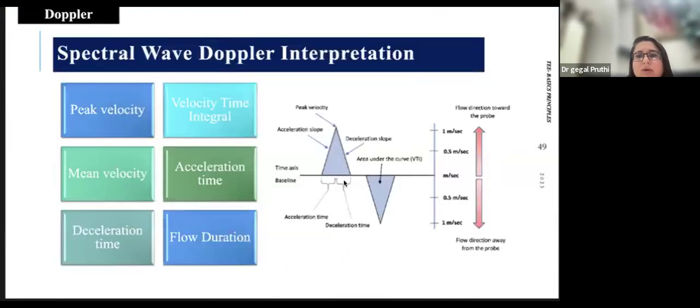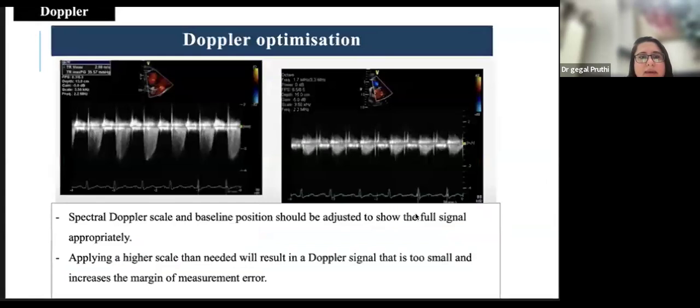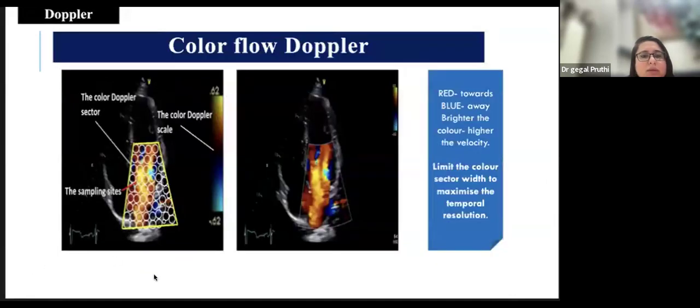As we know, flow above the baseline is flow towards the probe, and flow below the baseline is flow away from the probe. You can see a spectral Doppler scale and baseline position.